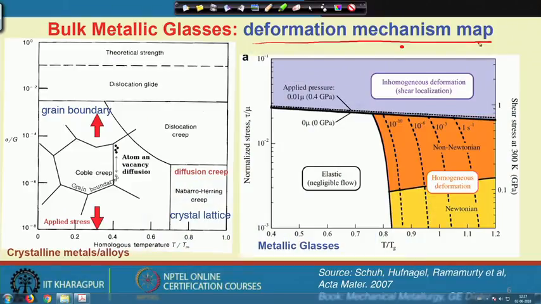So, I think we can simply first have a look at the deformation mechanism that is existing for crystalline metals and alloys, and then we can simply try to compare in case of a glass.